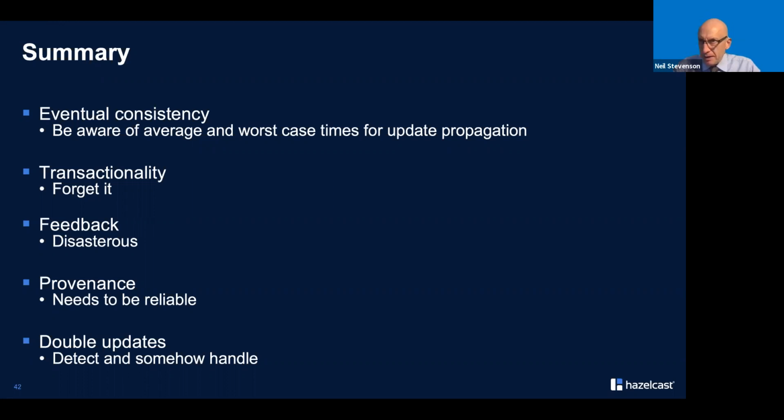And double updates: changes can occur in both systems, so it's inevitable that changes will be made to the same data record. So how do you detect those collisions, and how do you resolve them? Two different questions. Detection is probably the more important part, because if you don't detect them, you can't resolve them. But you don't necessarily have to do something.